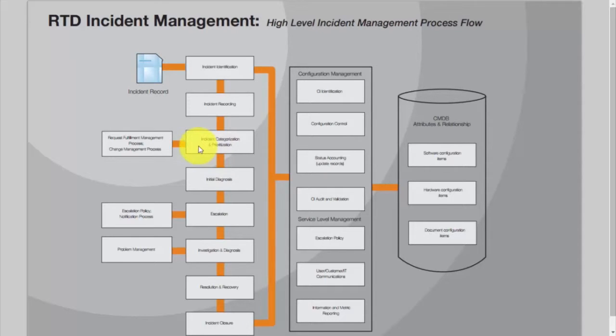A priority is going to be calculated based on values for impact and urgency. The impact that an incident has on the organization as a whole or on an individual technology is directly related to the urgency for that incident. And those two collectively equal the priority.